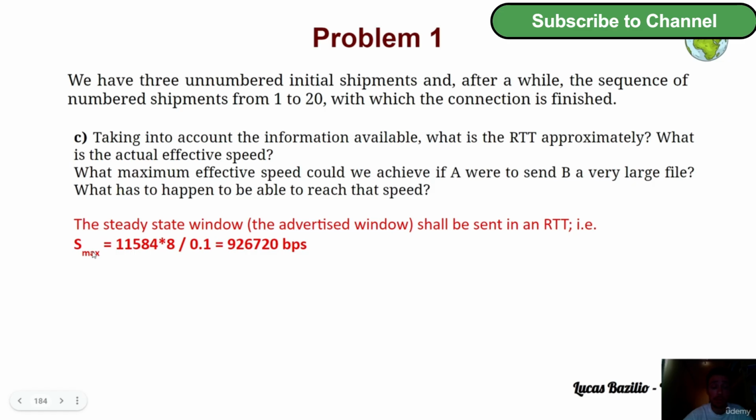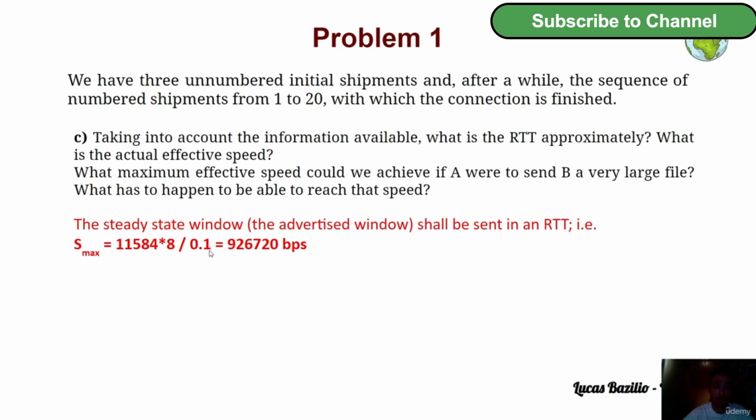So we want the maximum effective speed, once again in bits per second instead of bytes per second. So we transform this value to bits. We multiply by 8, because if this value is in bytes, multiplying by 8 gives us the value in bits, right? And we divide this by the round trip time.